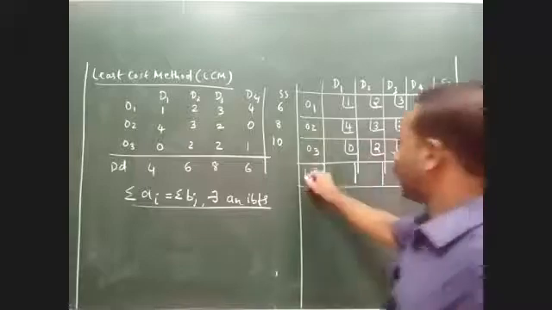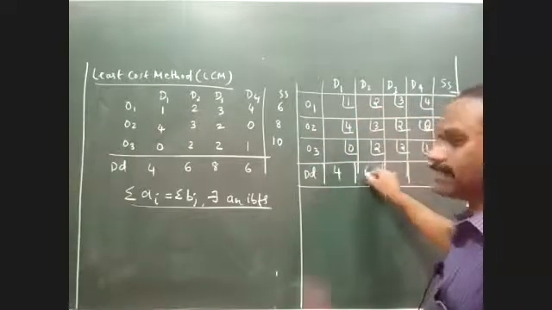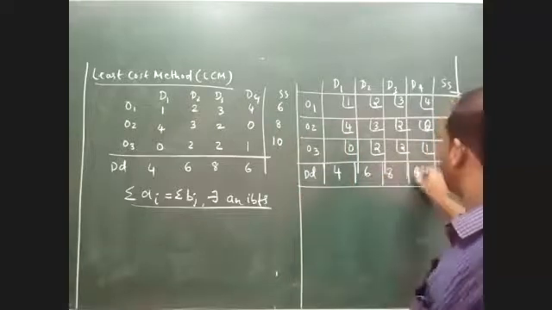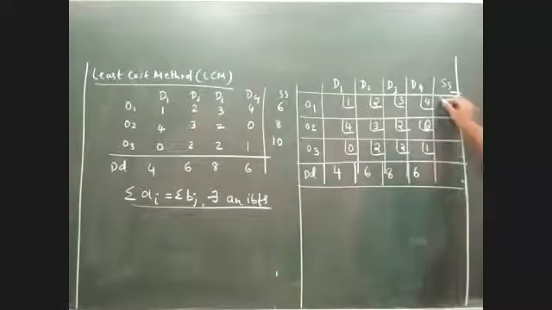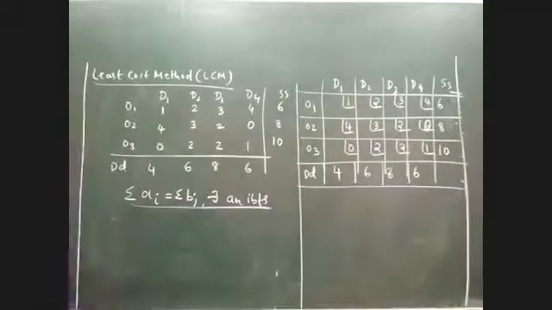The demand values are 4, 6, 8, and 6. And the supply values are 6, 8, and 10. Now the problem is ready. We can start with the allocation.